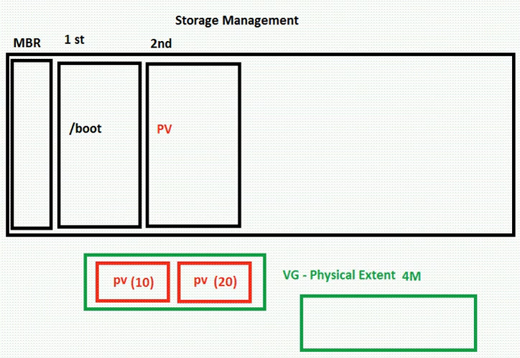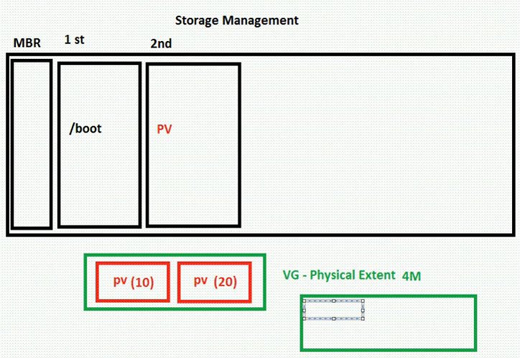Out of those, I'm going to carve a piece of, let us say, 100 physical extents, and 100 physical extents, each of them 4 megabytes, is going to be 400 megabytes.